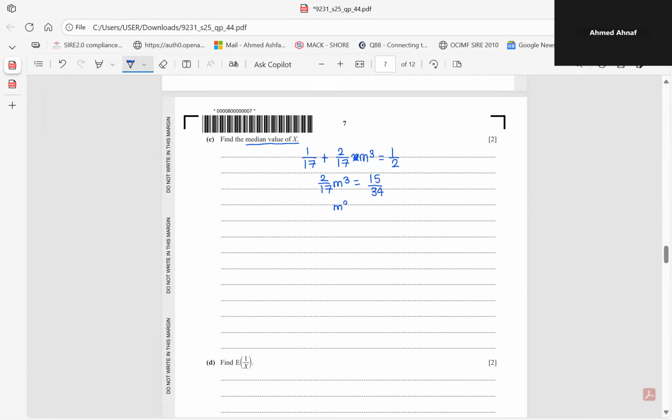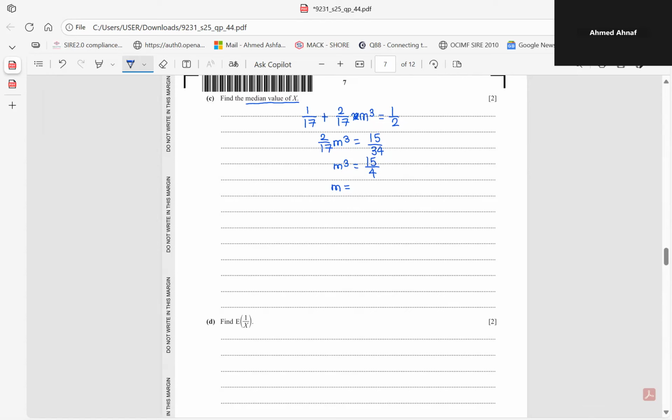And then m cubed, you get 15 over 34 divided by 2 over 17. You get 15 over 4. And then you take the cube root of 15 over 4, and round it off to 3 s.f. Or you can just leave it as it is, 15 over 4.